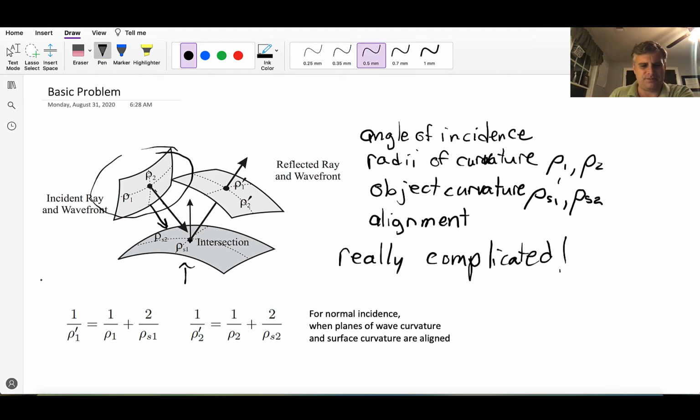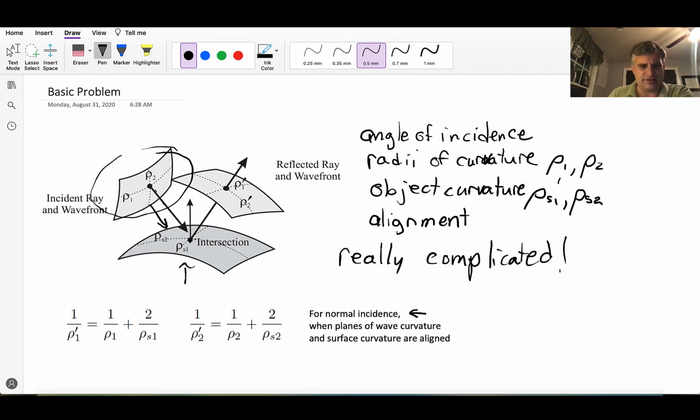However, if you make some approximations, for example, when we have normal incidence and when the planes of wave curvature and the surface curvature are aligned.